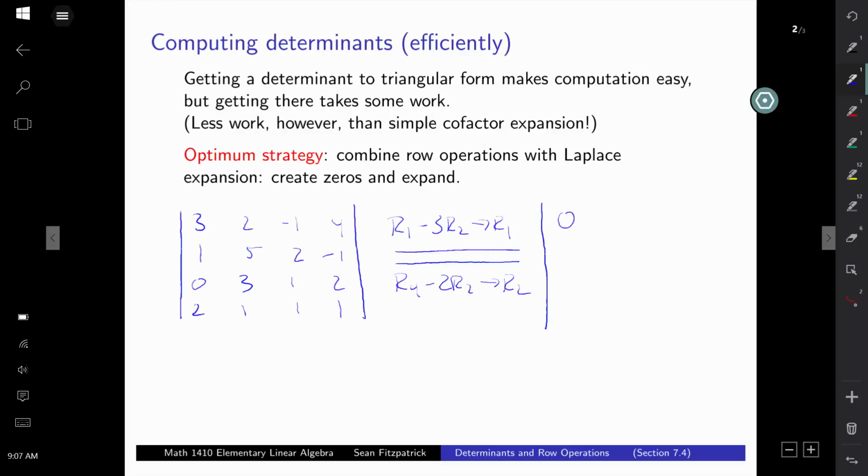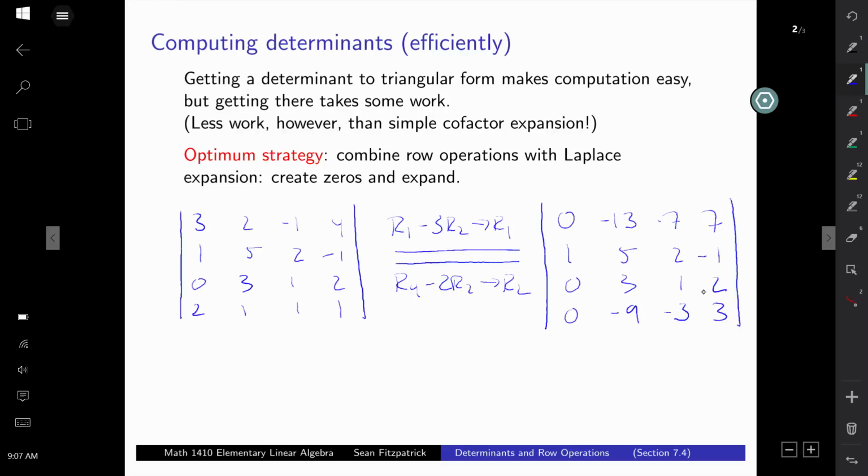So I would get a 0, 2 minus 15 is minus 13, minus 1 minus 6 is minus 7, 4, so I get 7, 1, 5, 2, minus 1, 0, 3, 1, 2, 0, minus 9, 1 minus 10, 1 minus 4, minus 3, 1 plus 2 gives me 3.